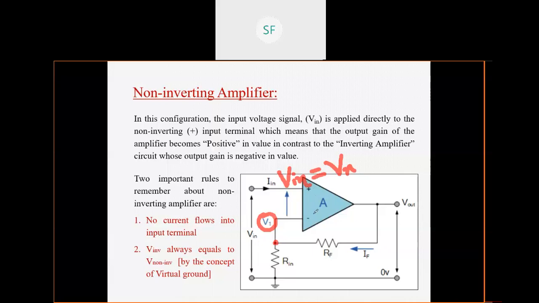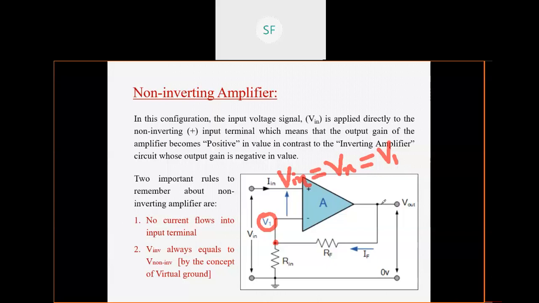So if one voltage is known to you, then the second voltage will be the same. Here we know that the input voltage is applied to the non-inverting terminal, so the same voltage will appear at the inverting terminal as well. That means V in is equal to the voltage at the inverting terminal, that means V1. So we will exploit this point in the discussion.